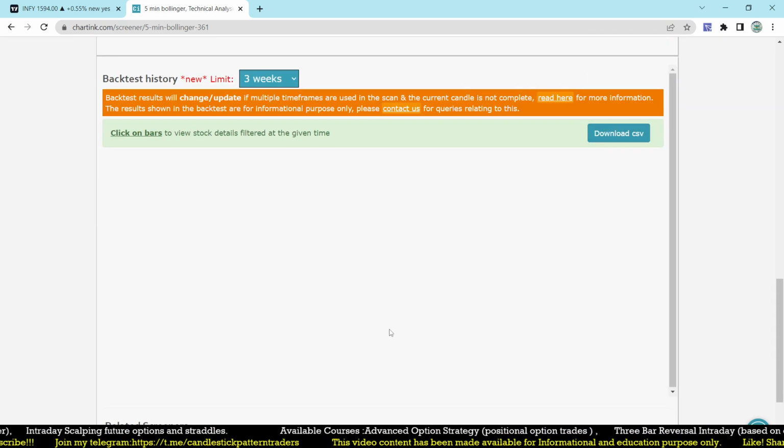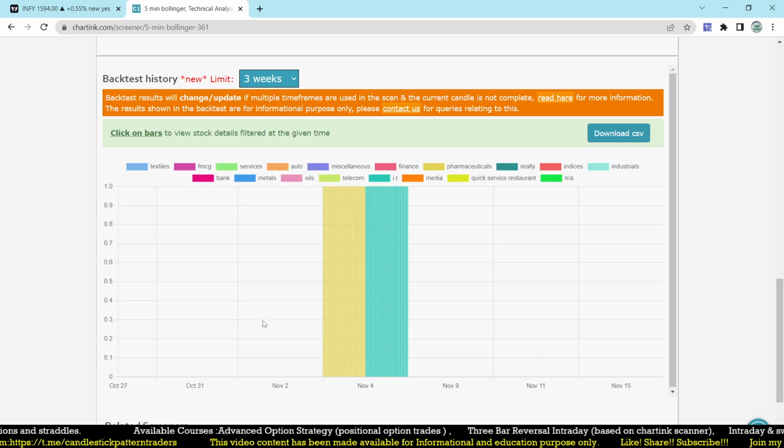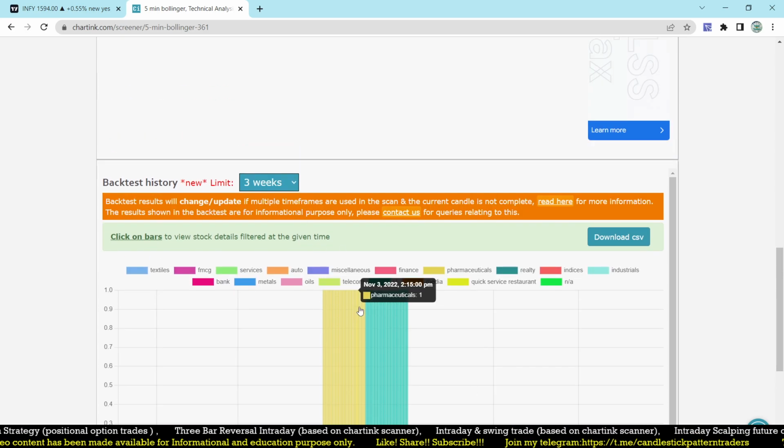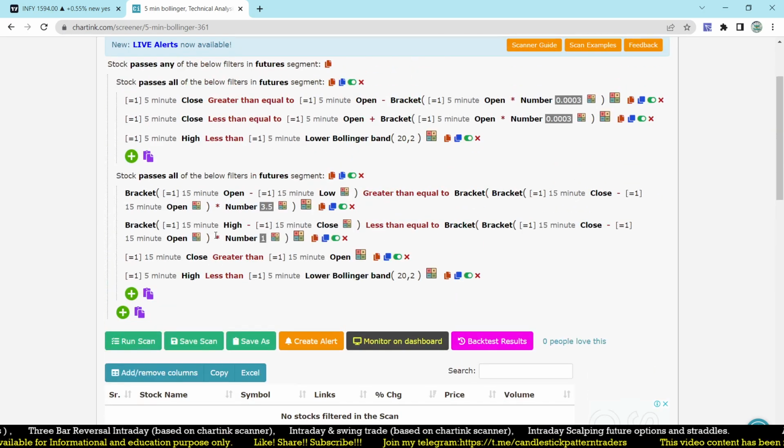Recently we have seen only a few stocks in the last 3 weeks. Hammer doesn't go purple. It is less than, greater than. Hide this.